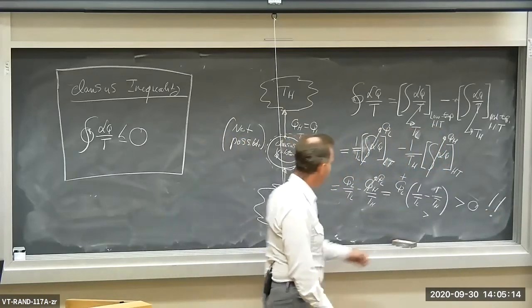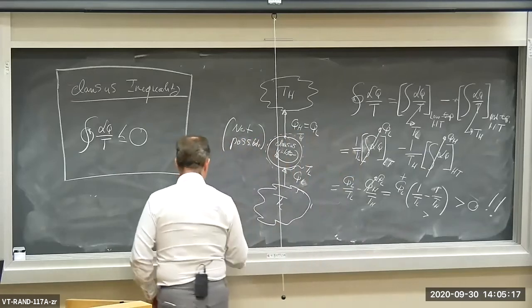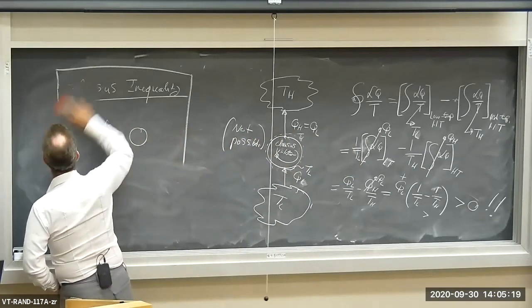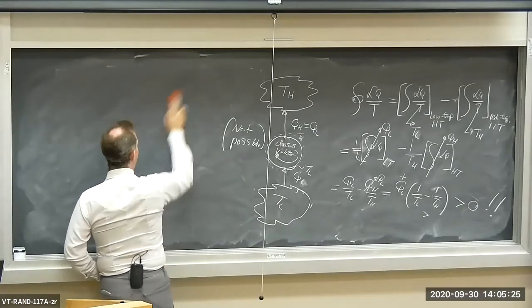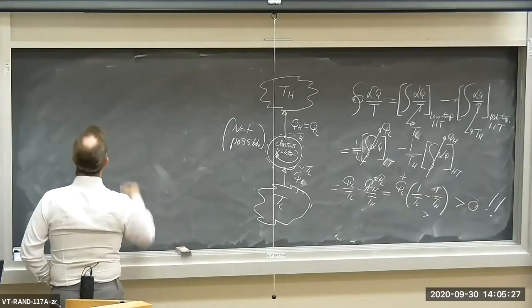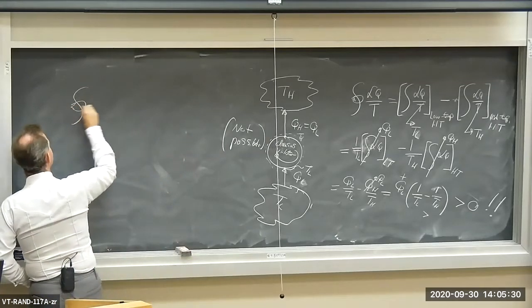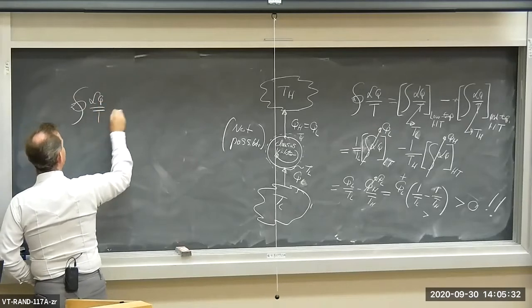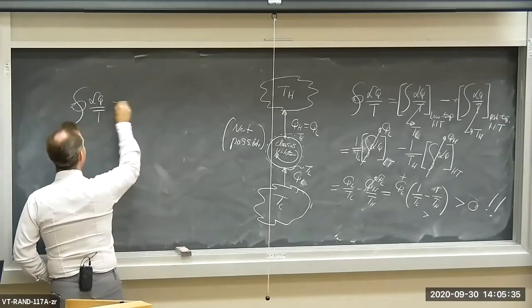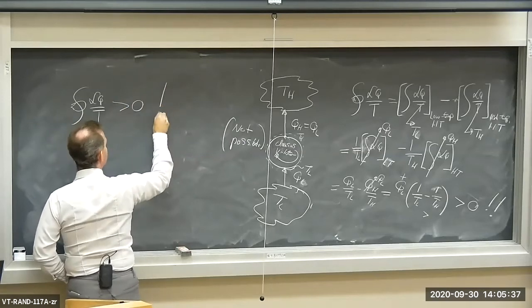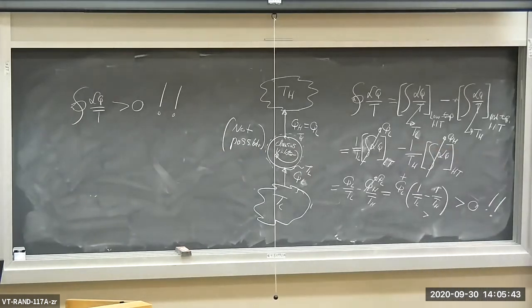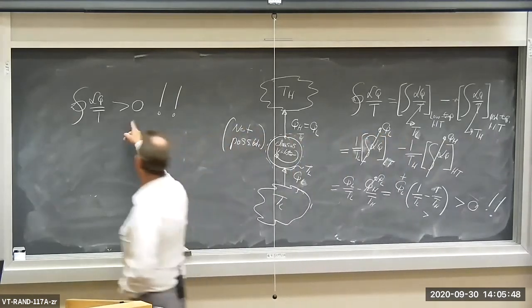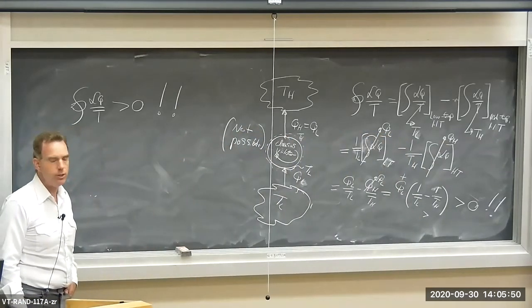In other words, for this Clausius violator that violates the Clausius statement of the second law of thermodynamics, I apply the Clausius integral. I integrate del Q over T, and I find that the integral of del Q over T is greater than 0 for this Clausius violator. Does this result, del Q over T for this device, satisfy the Clausius inequality?